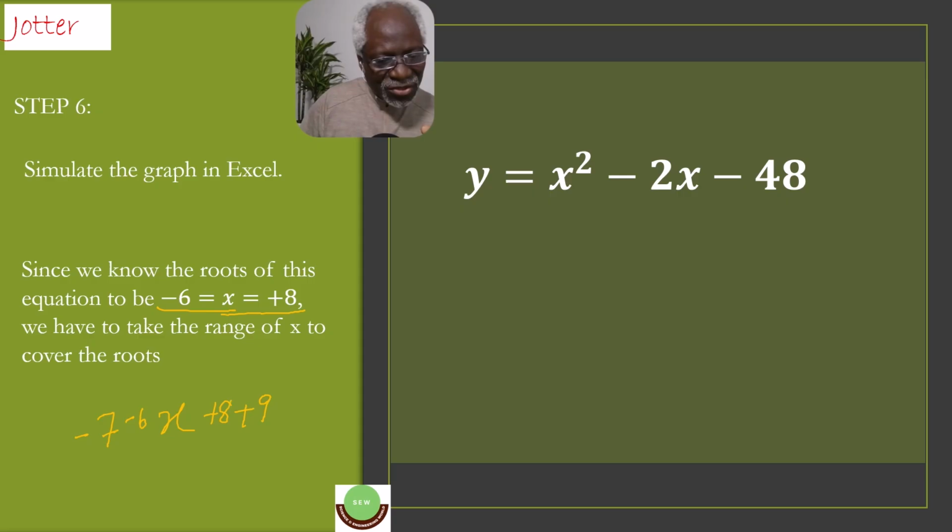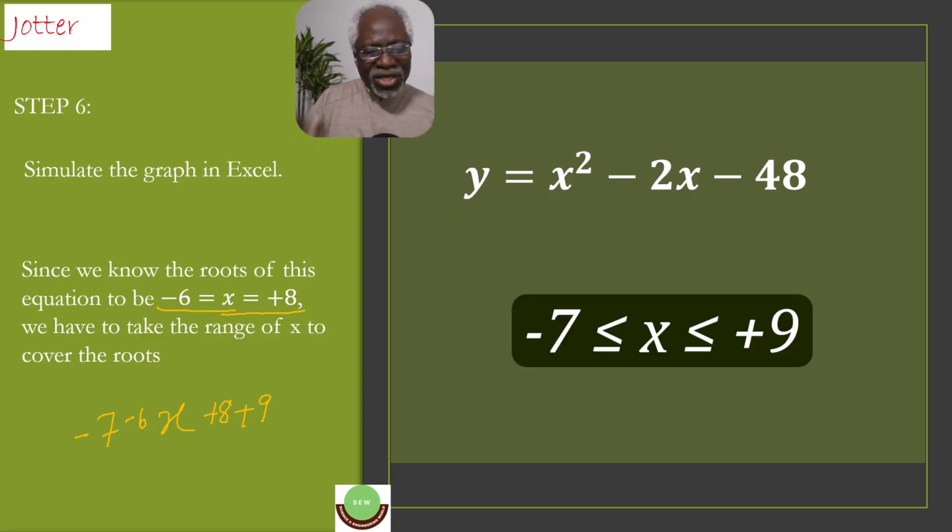So we can now have a range of x between minus 7 and plus 9. So a knowledge of the roots of the equation will make us able to give an adequate range of x. Now let's go to Excel to plot this profile like we have done in the previous one.